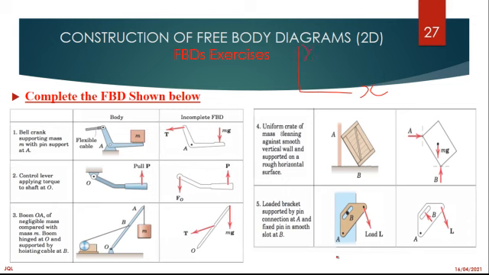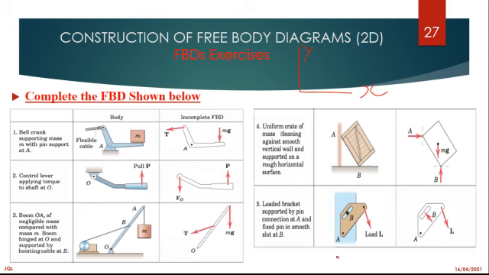So when I look at the first one, if you remember, I mentioned two types of methods that you're supposed to use as you are drawing your free body diagram in terms of the sense, the direction of the forces. The first one was by inspection, and the second one is by assumption. If you assume, you can put it in any direction, left, right, up, down, right?